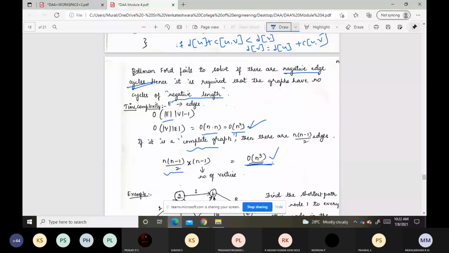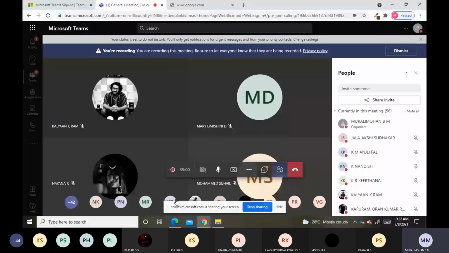Any doubt? If the graph is complete, then the time complexity is n cube. If the graph is not complete, then we are having n square. Okay? Any doubt?